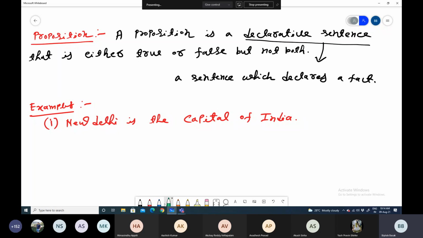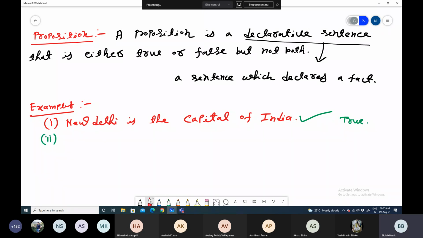A declarative sentence, that is, a sentence which declares a fact. Here, New Delhi is the capital of India. This is a declarative sentence because it declares a fact, and also this is true. So this is a proposition, and this proposition is true. A proposition can be false as well.